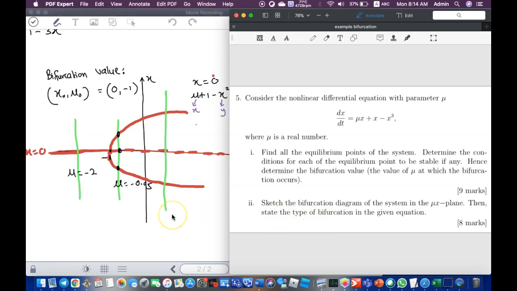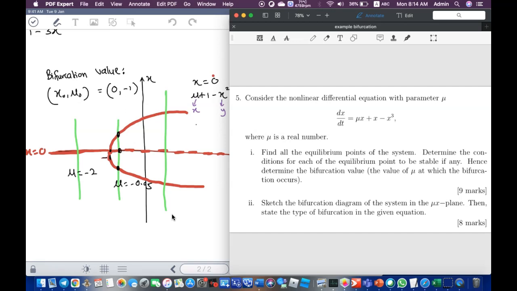Okay, and then state the type of bifurcation. Okay, tell me. You got 3 types of bifurcation that we have discussed before this. So we got saddle node and pitchfork. Remember pitchfork bentuk dia macam apa? Macam penggaru sampah tu. Saya tunjukkan gambar dia kan.